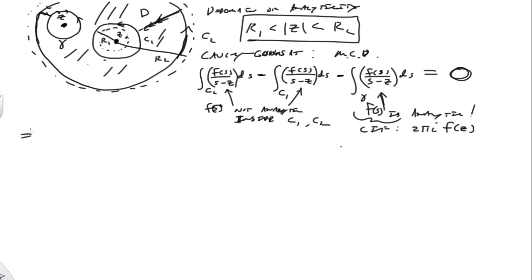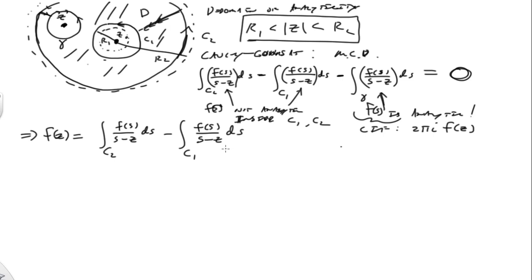So of course I can rewrite this and move this over to the other side, and then I get f of z is equal to the integral over C2 of f of s over s minus z ds, minus the integral over C1 of f of s over s minus z ds.